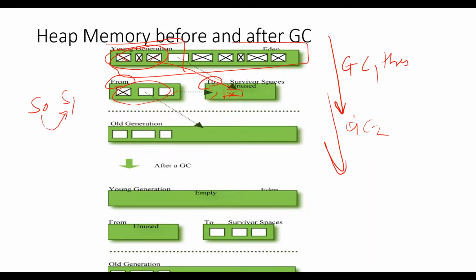Again the GC will mark the objects which are not reachable, which are not referenced, and those objects will get moved to the S0 space. So between S0 and S1 a cycle is repeating. On the next GC cycle the objects will move from the to survivor space to the from survivor space, from S1 to S0.